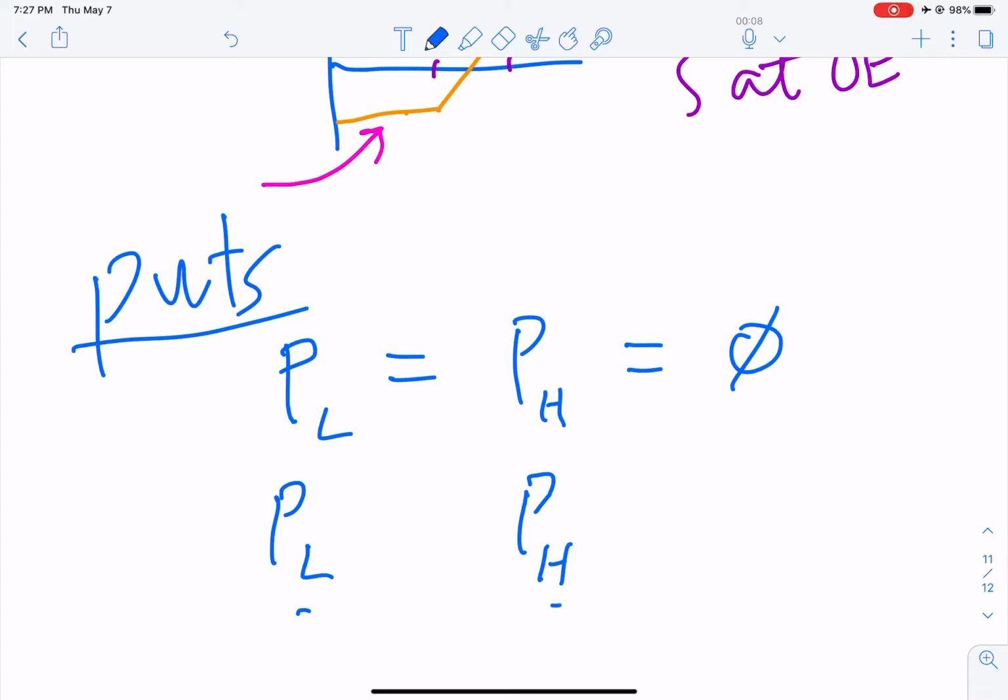So we can say the price of the lower strike put can never be greater than the price of the higher strike put.